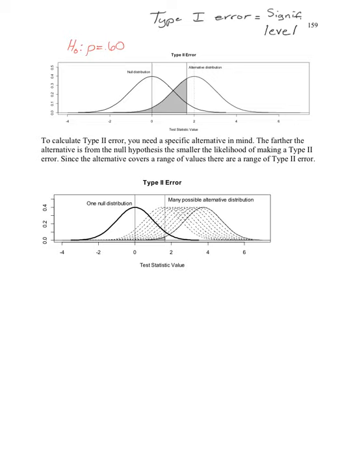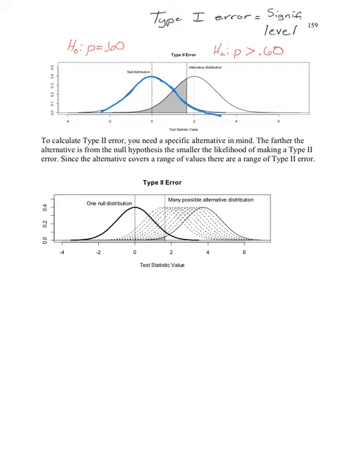So from our last example, our null hypothesis was p equals 0.6. So this is one single value, and it's one single distribution. But the alternative was p greater than 0.6.